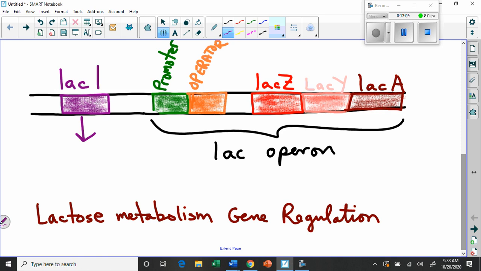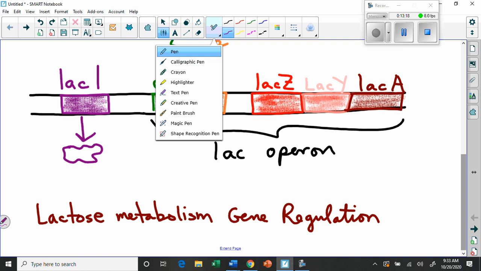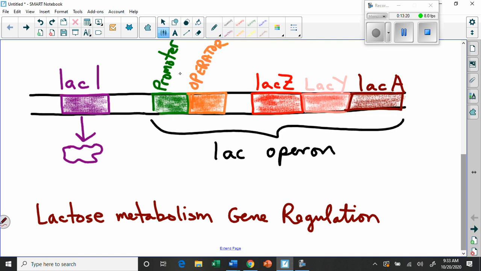It's just a molecule. So why don't we just give it a weird shape like that. Crayon, color it in. It's supposed to be purple. Color it in purple. And we'll call it the lac repressor.